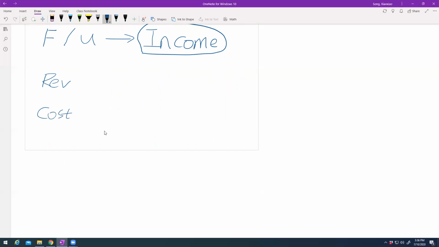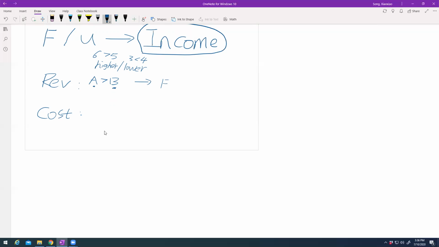Let's think about this. If your revenue actual is better than budget, so the number, I'm just talking about the number here, sorry, I should say higher. I don't use the words better or worse, but higher or lower. 6 is higher than 5, 3 is lower than 4. So now we talk about numbers. If your actual number of revenue is higher than the budget, then this will be favorable.